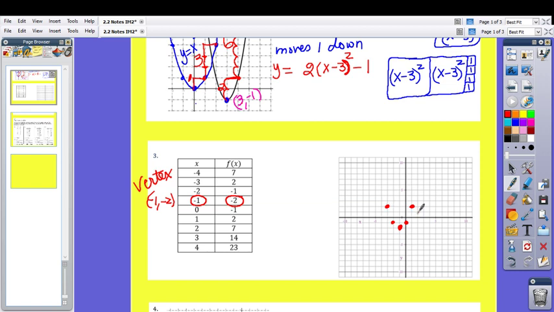Then you keep going up. So if you keep graphing, then this one for 2 it is 7, so 1, 2, 3, 4, 5, 6, 7, okay. And then in the opposite side also you will have this point. So this is how your graph looks like. It's a parabola.